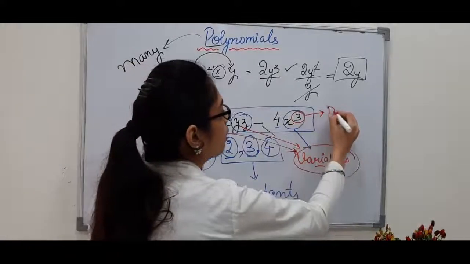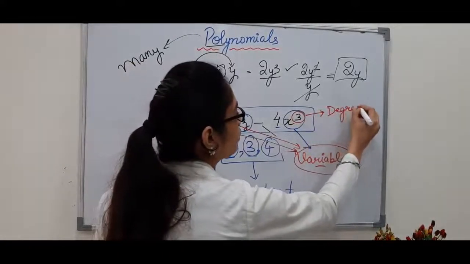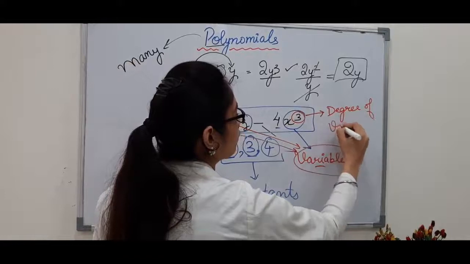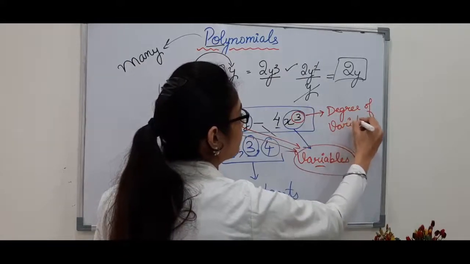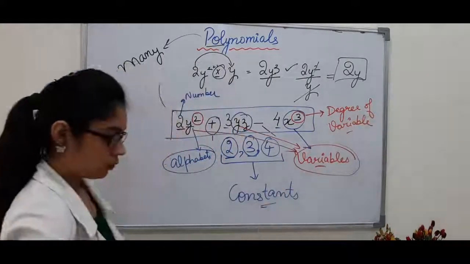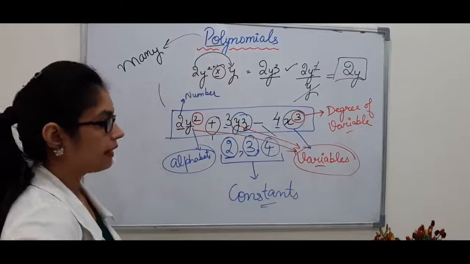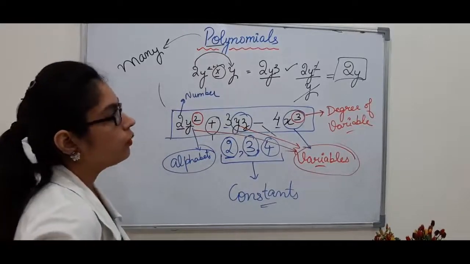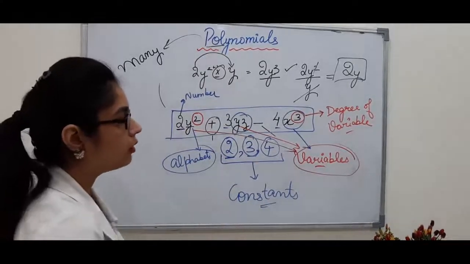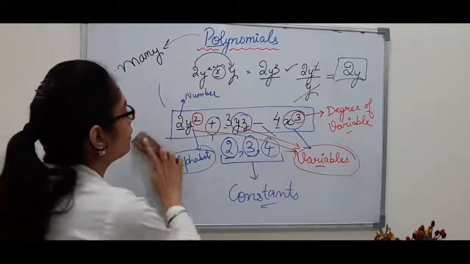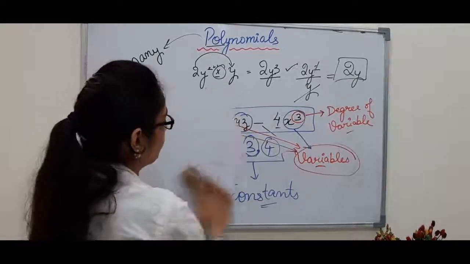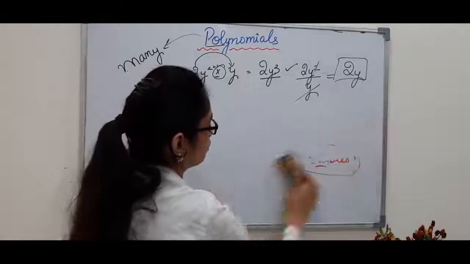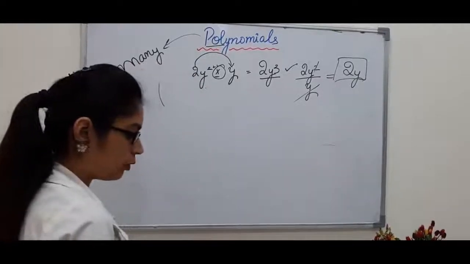This number is termed the degree of a variable. See, this is the degree. So one more example we'll take and we'll see all these things. We can take any polynomial.